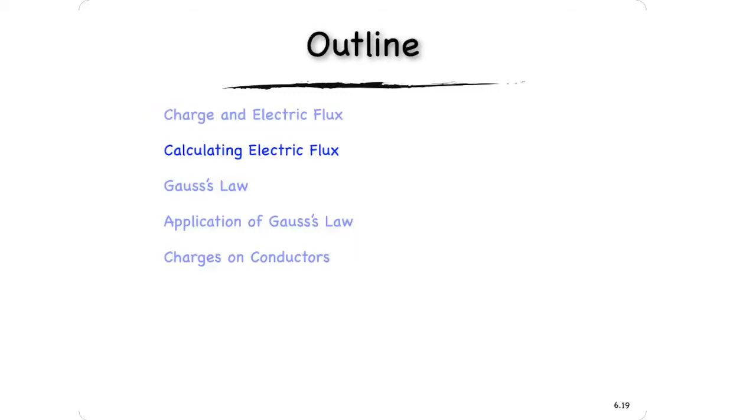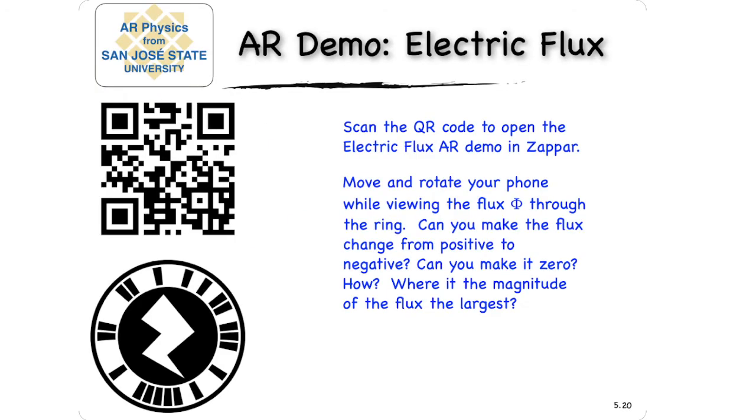Okay, so let's do another example of flux. You can use your phone and scan in this QR code. What you're going to get is a dipole distribution, so a positive and a negative charge with the electric field lines drawn.